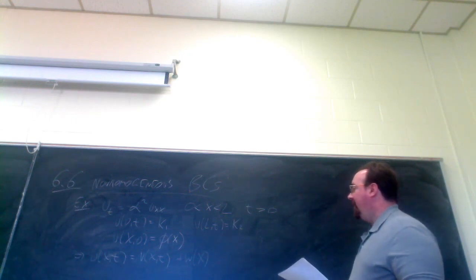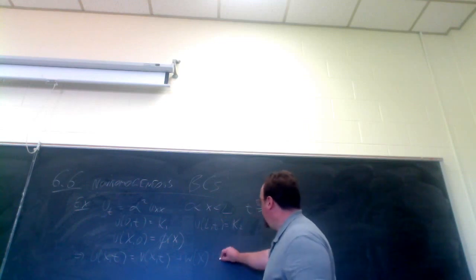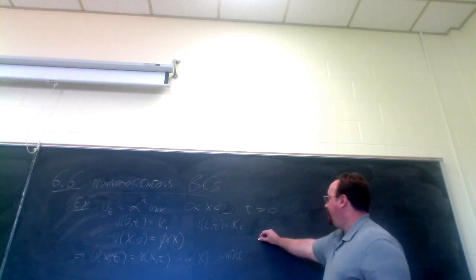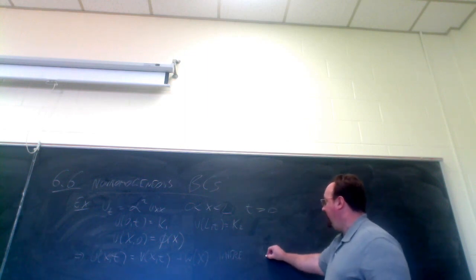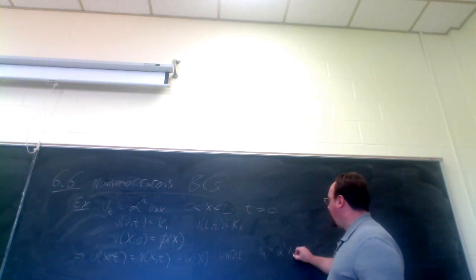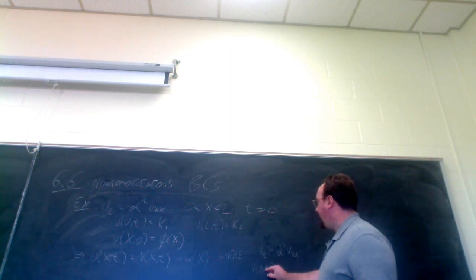Now, I'm going to write down the problems that v and w solve. So v_t is alpha squared v_xx. So v satisfies the same PDE as u. And then v has the same boundary conditions except homogeneous.